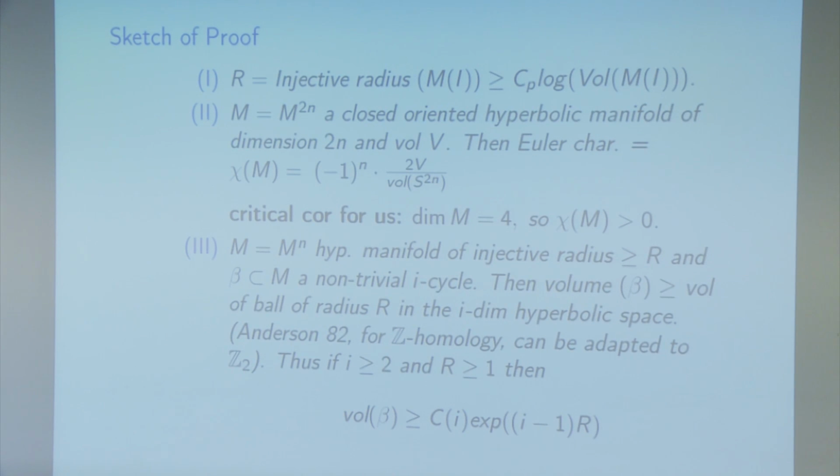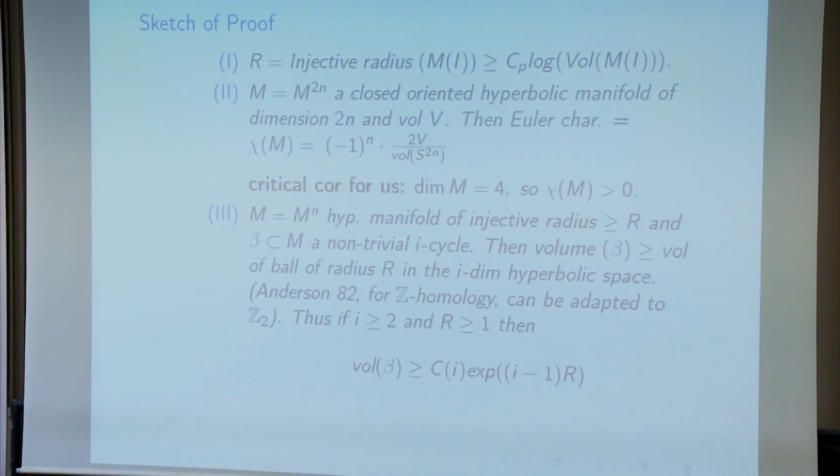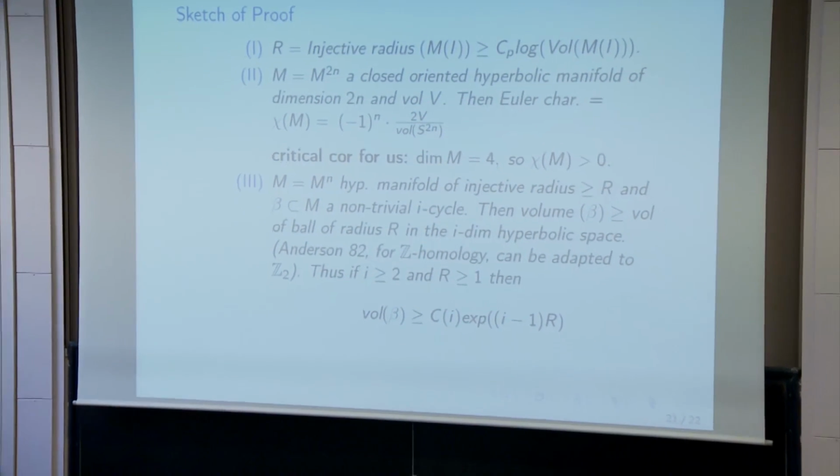To move from R to Z2, you have to do a little bit of technical work in order to take the classical proofs, which were done over R, and imitate them over Z2. So here is the result: let M be a hyperbolic manifold of injectivity radius at least R, and let beta be a non-trivial i-cycle.